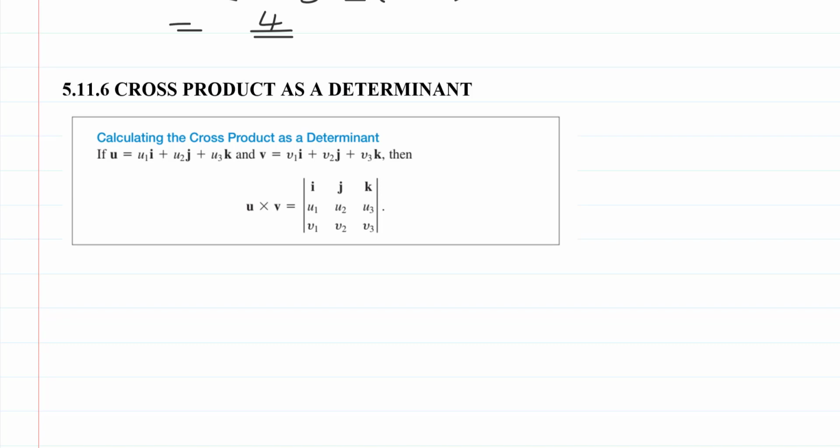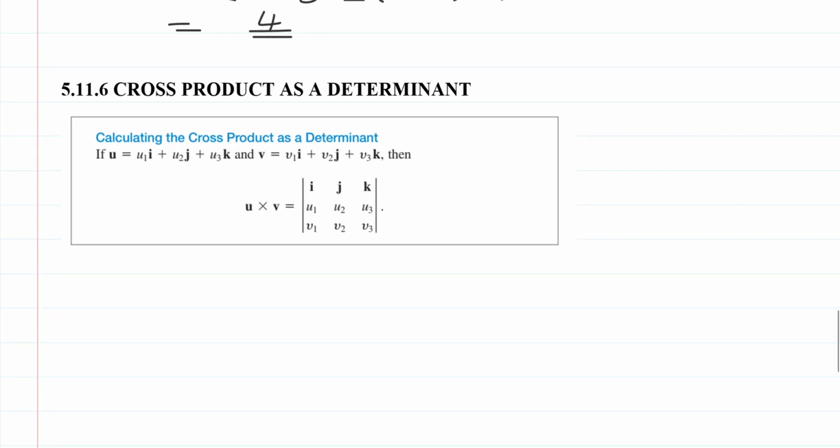So let's say we have a vector u with the components u1, u2, u3, and of course those are the unit vectors. And then we have a vector v with the components v1, v2, v3, and the components i, j, k. So actually the cross product is equal to the determinant of this matrix.